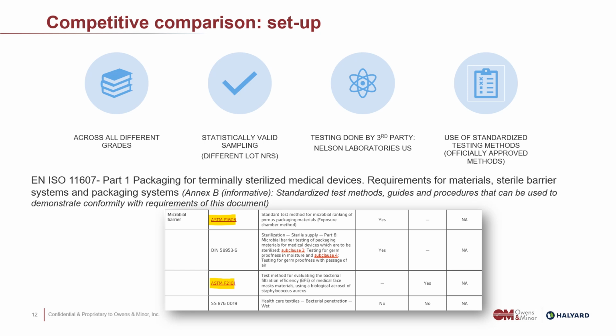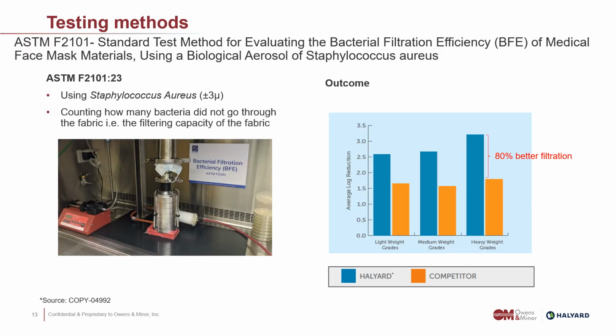Nelson Laboratories is licensed to use the testing methods, and the testing methods that we used were all officially approved testing methods. We talked before about normalized tests. Well, to a large extent, we have been using normalized tests. We use the ASTM F1608 and the ASTM F2101. Both of those tests are used or recommended in the ISO 11607. Look at the results now.